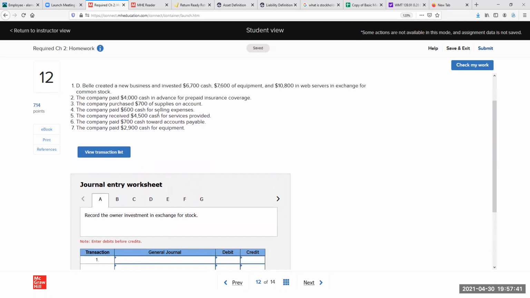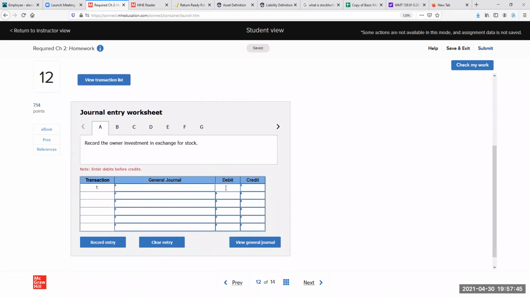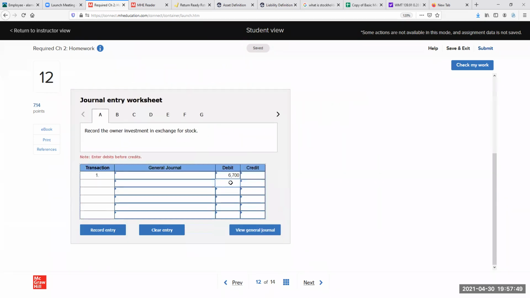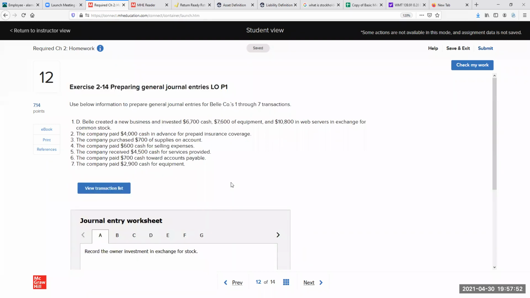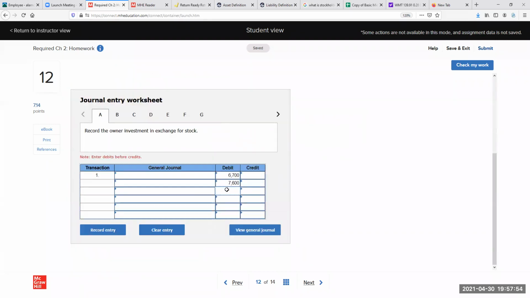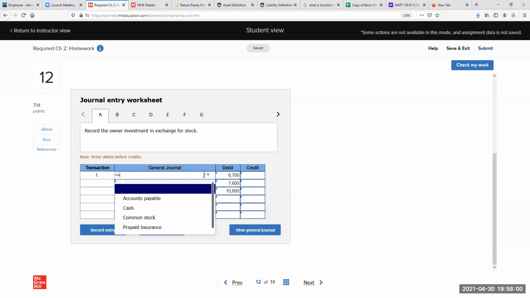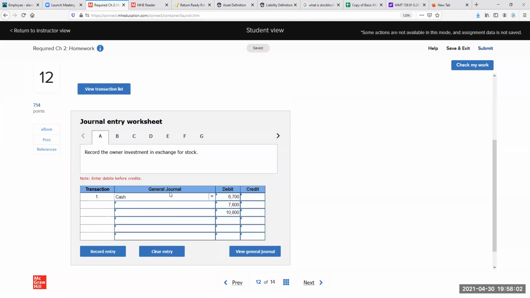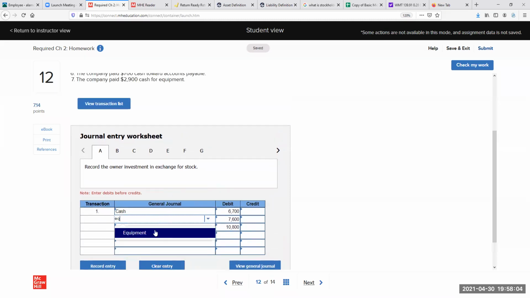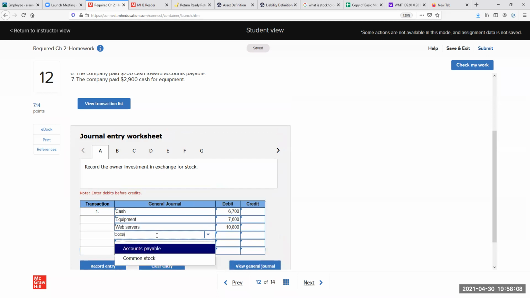Record the owner's investment in exchange for stock. So 6,700 of cash, 7,600 equipment, 10,800 web servers, and then in exchange for the common stock.